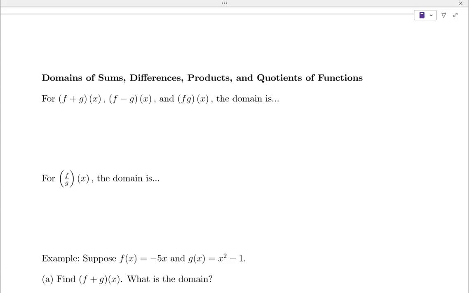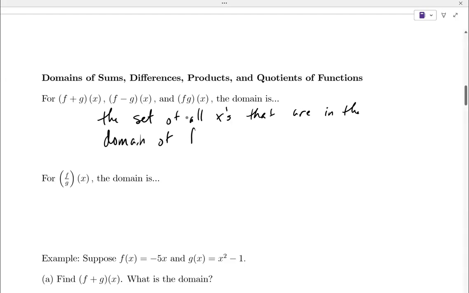So the domain for those is going to be all x's that are in the domain of f and the domain of g. Has to be in the domain of both of them at the same time.